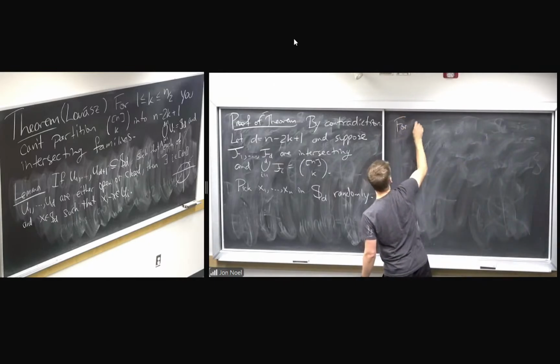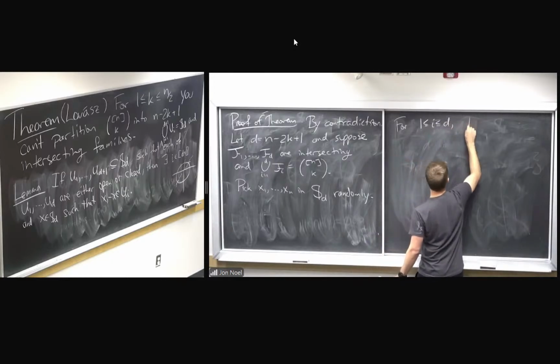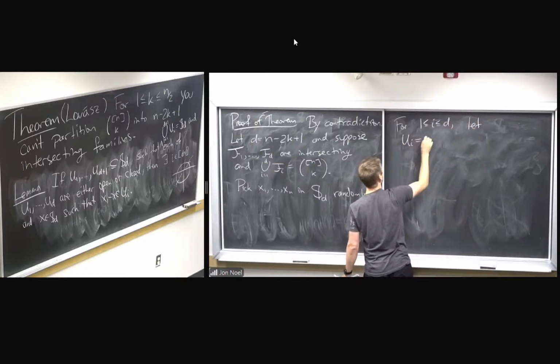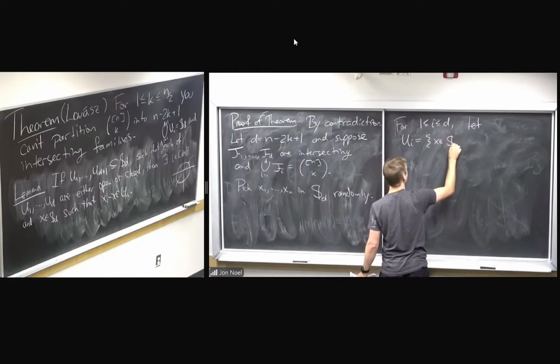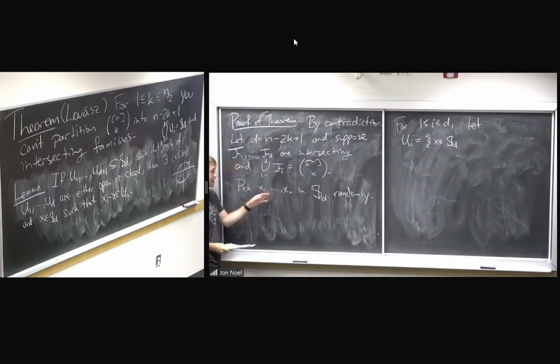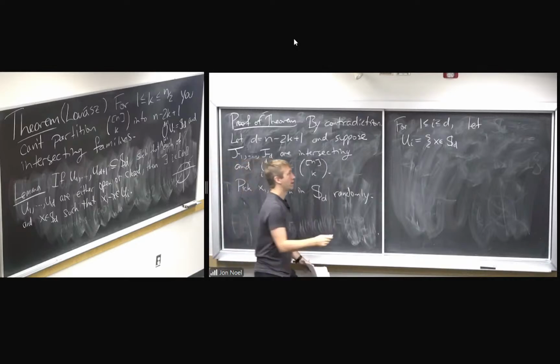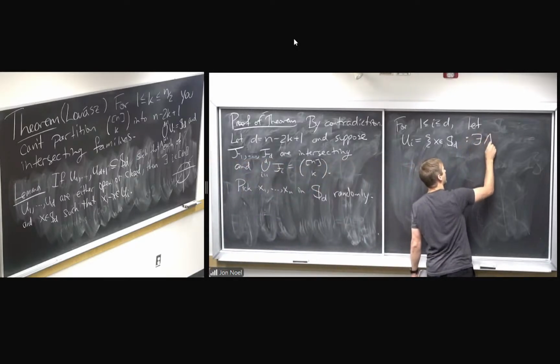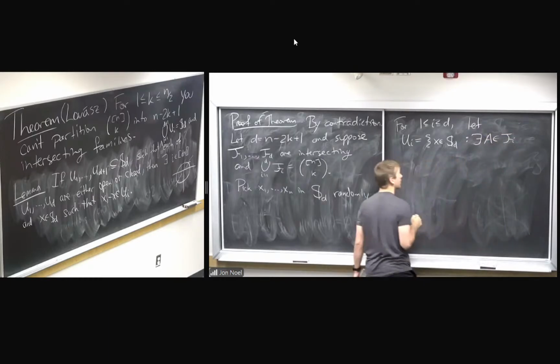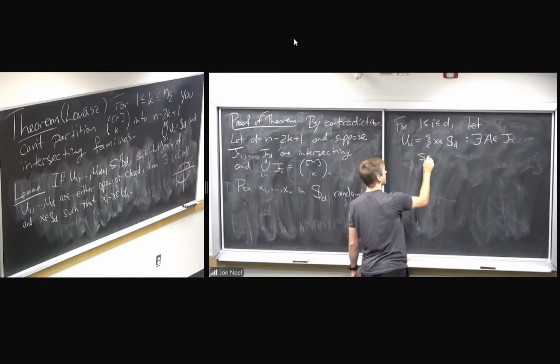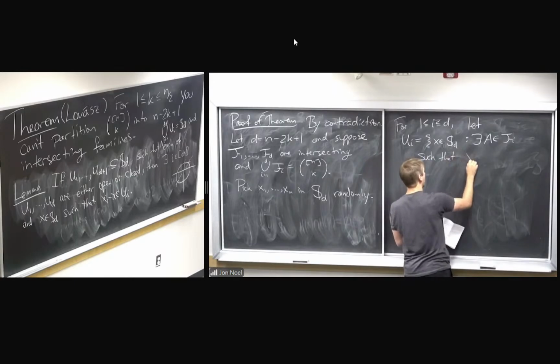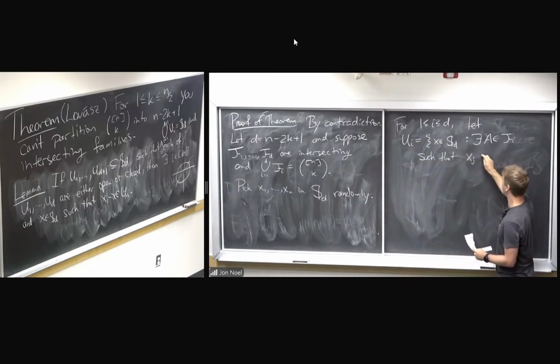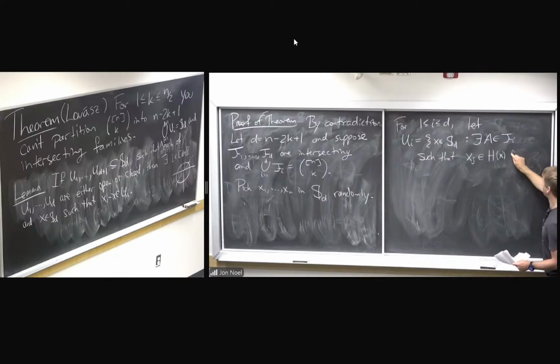For each i between 1 and d, let Ui be the set of all points in the sphere, not necessarily these x1 up to xn, just general points in the sphere, such that there exists a set A in Fi such that all the points xj are in the hemisphere centered at x for all j in A. It's kind of a mouthful.